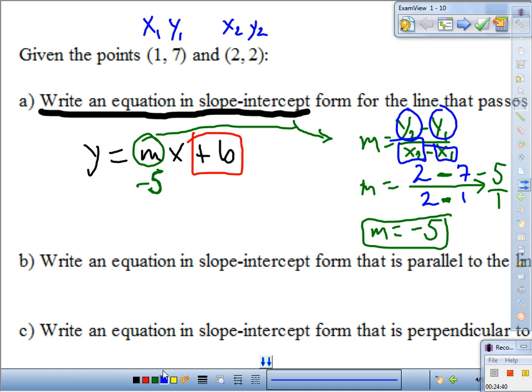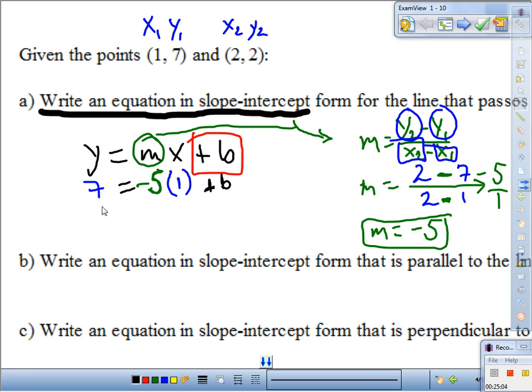So we can either use this point or this point. Which one do you want to use? The 2's? No, I'm going to use the first one. So instead of x, we write 1. Instead of y, we're going to write 7. You could also use the other one. It doesn't matter, as long as you stay consistent using 1 point. Plus b.